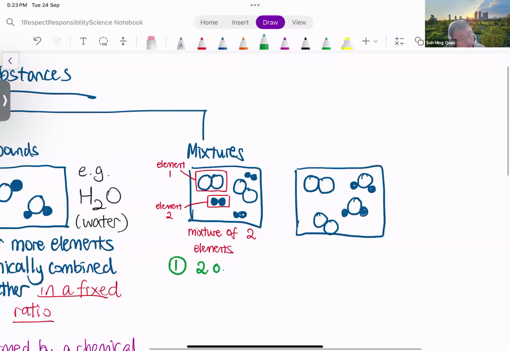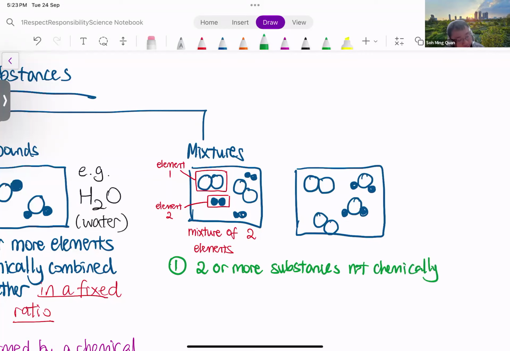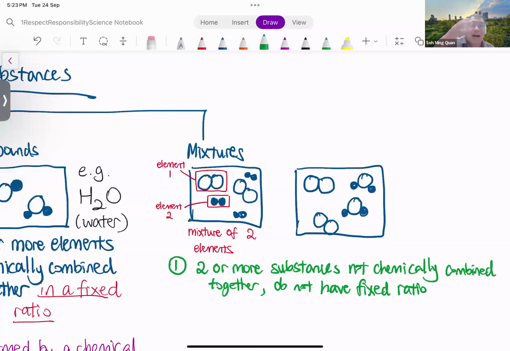Mixtures contain two or more substances that are not chemically combined together. And because they are not chemically combined together, they do not have a fixed ratio, like just now. They don't have a ratio of two hydrogen to one oxygen. There's no fixed ratio.